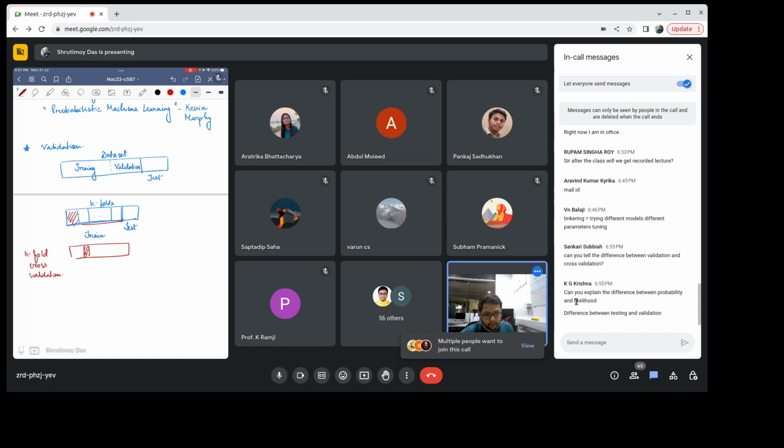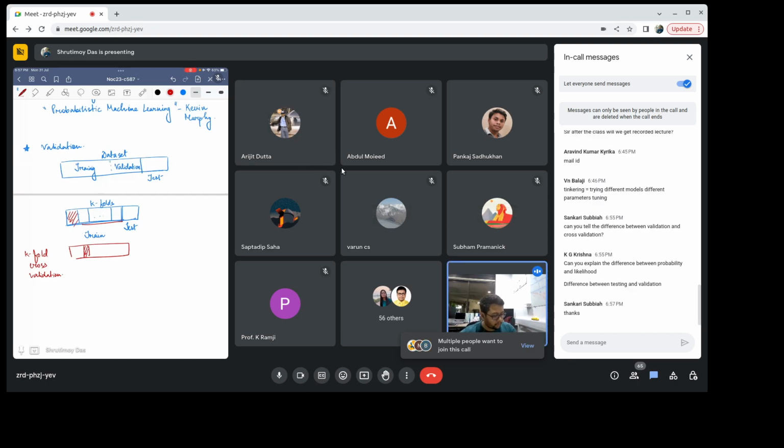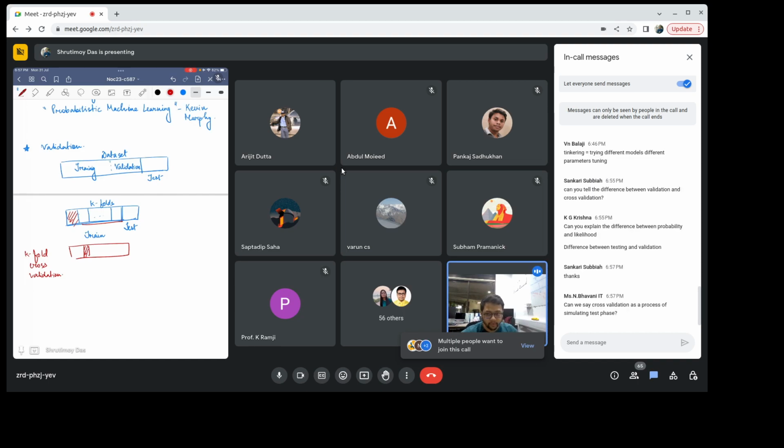Is the difference clear, Shankari? Yes. Because we want to validate our model on all sets of examples we have. So that's why we use k-fold cross-validation if our data set is small. It depends on your data.